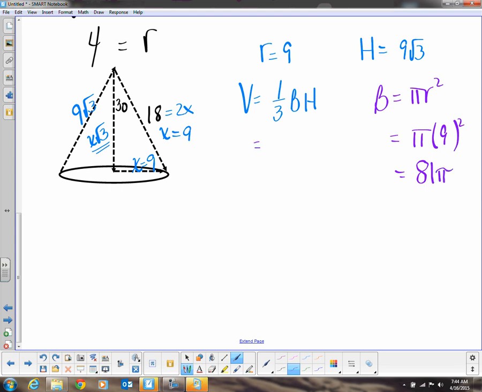So we're going to say this is 1/3 times 81 pi. And how tall is it? 30? No, 30 is the angle. 9 square root of 3. There's that square root again. So when you multiply 81 times 9, and then you divide by 3, you should get 243 pi square root of 3 meters cubed.